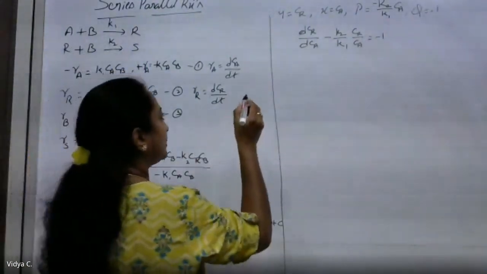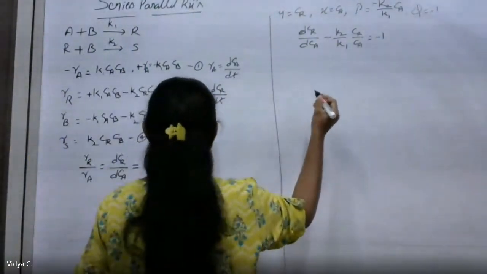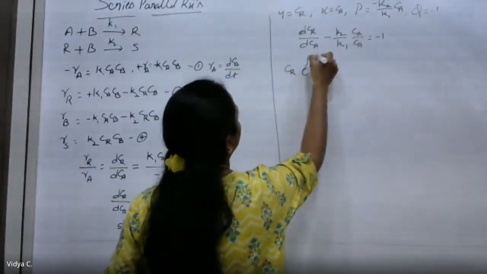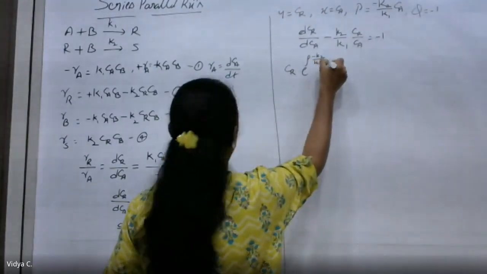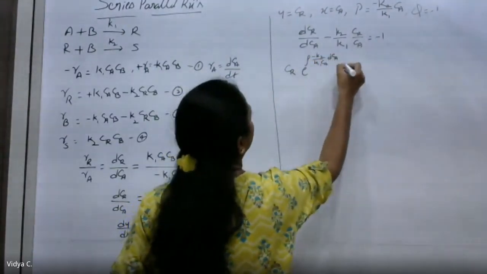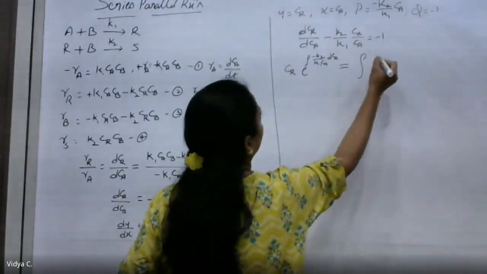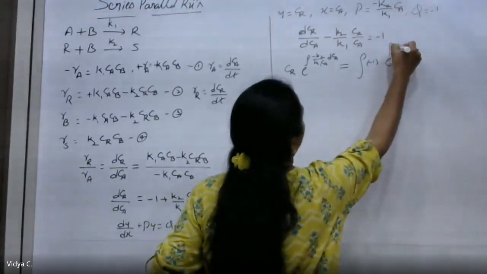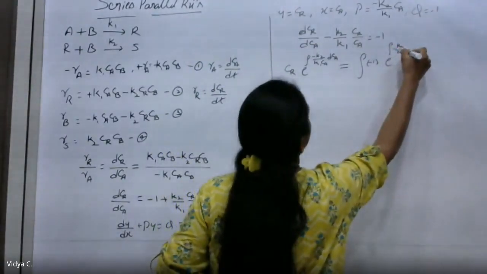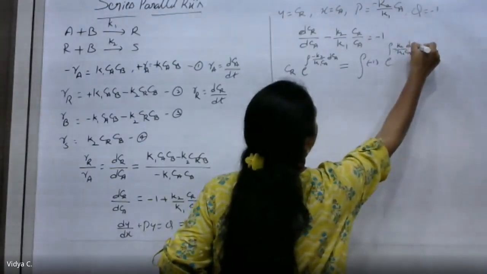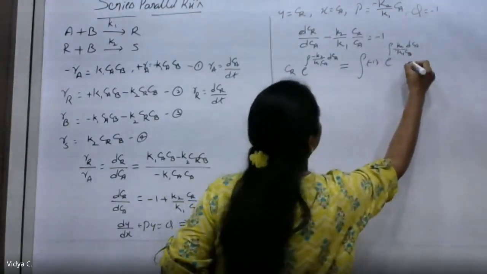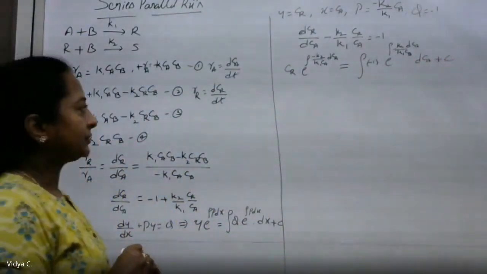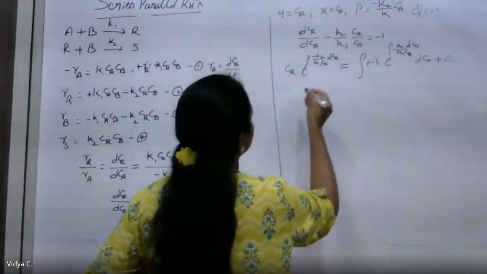Now the solution will be CR e to the power of integral of minus K2 by K1 CA dCA, equal to integral of minus 1 into e to the power of minus K2 by K1 CA dCA, into dCA plus C. Now I have to simplify this.